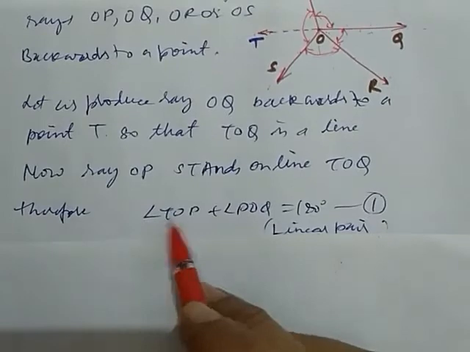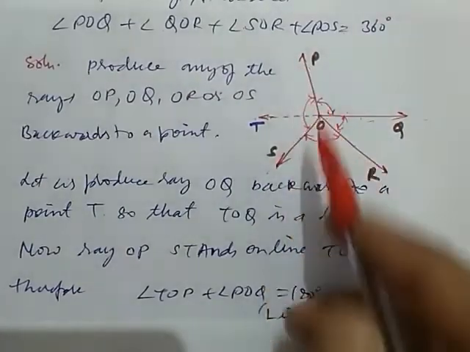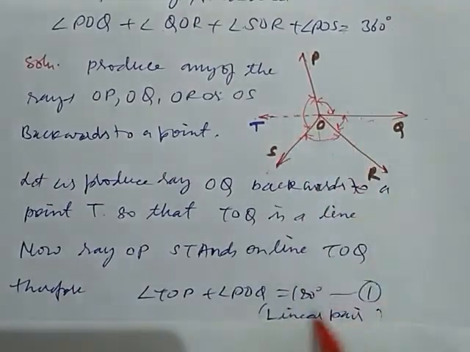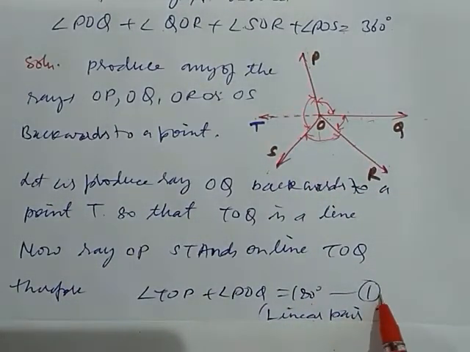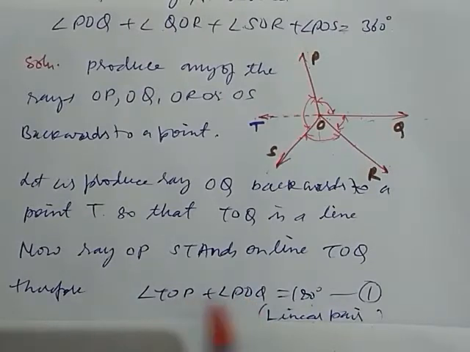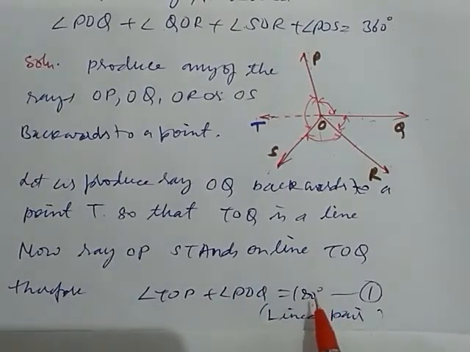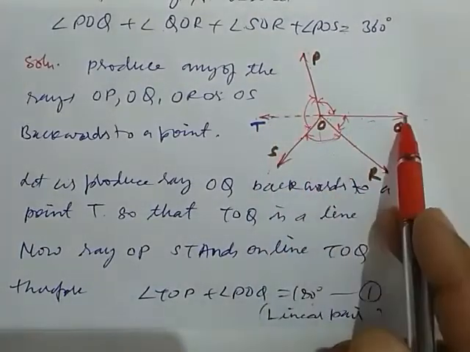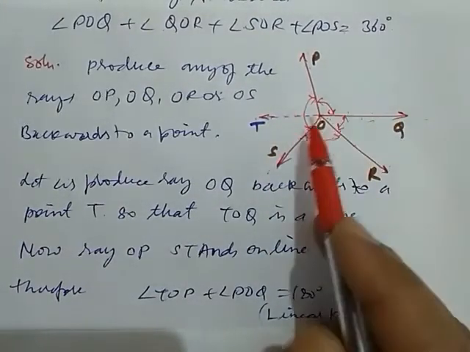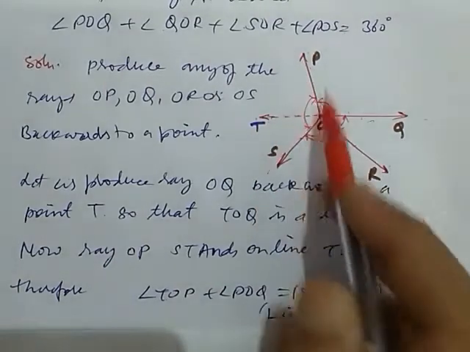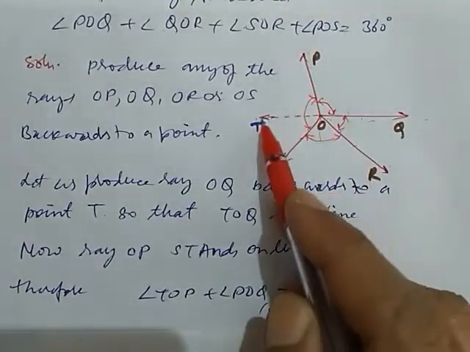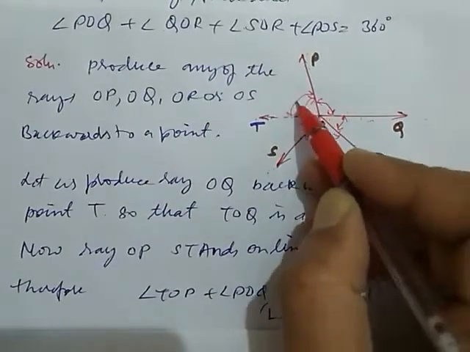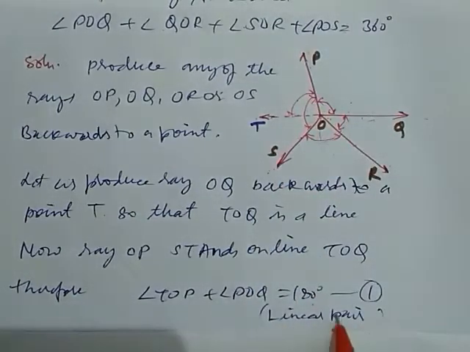Therefore, angle TOP plus angle POQ is 180 degrees. This is our first equation, by the linear pair of angles. This plus this becomes a line. We consider only this angle TOP, not SOP.